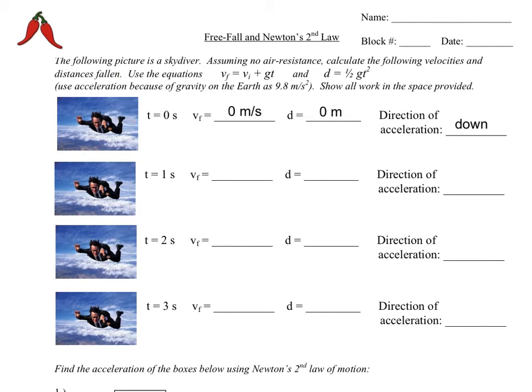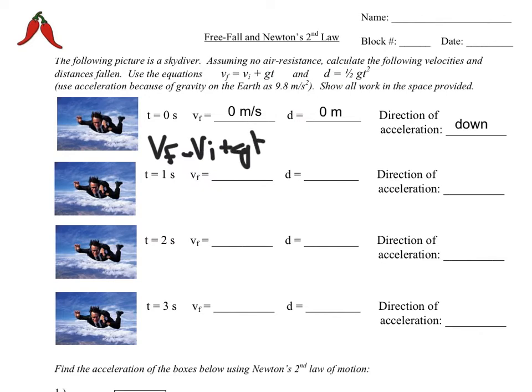Now, after 1 second of falling, we want to know, how fast is he going? We have our equation, Vf is equal to Vi plus gt. His initial velocity in every case is 0, because the very moment he jumps out of a plane, he's not going up, he's not going down. That very instant, he has an initial velocity of 0. So we solve: Vf is equal to Vi plus gt.